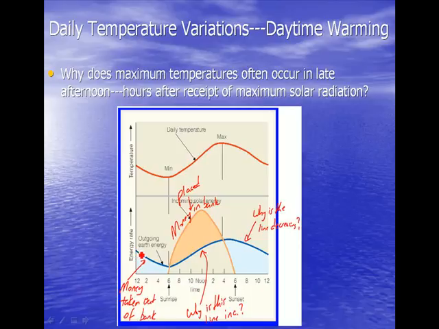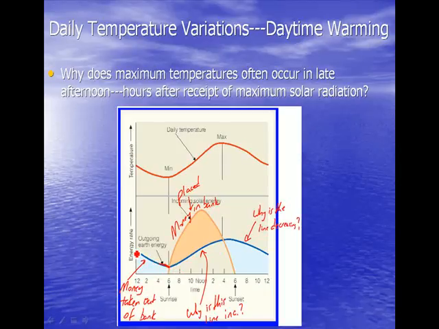Now, the blue curve here is the long-wave radiation. This is the energy leaving the Earth. Recall that anything that has a temperature emits radiation at different wavelengths. So we have the amount of energy as we head toward sunrise.